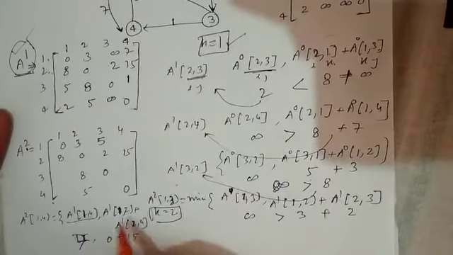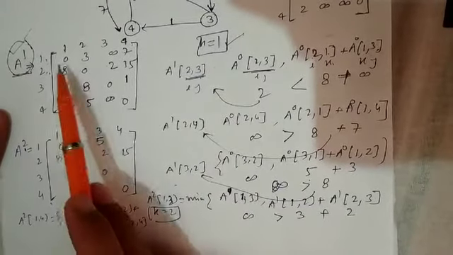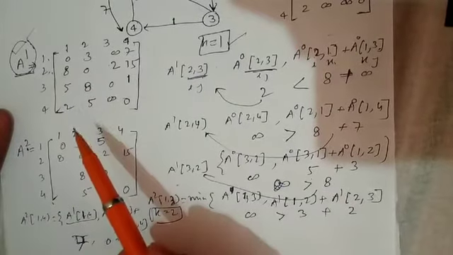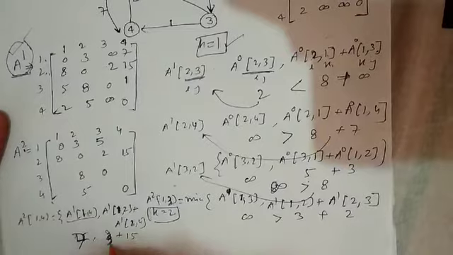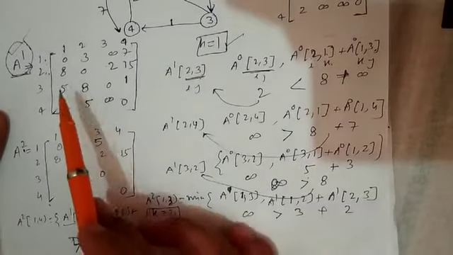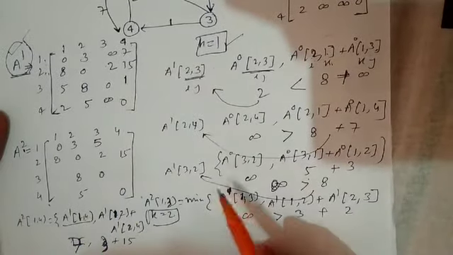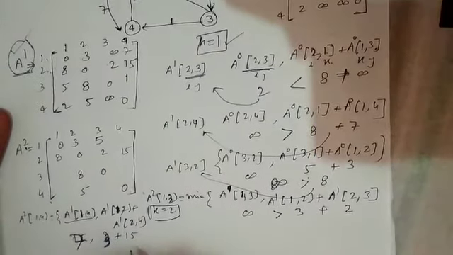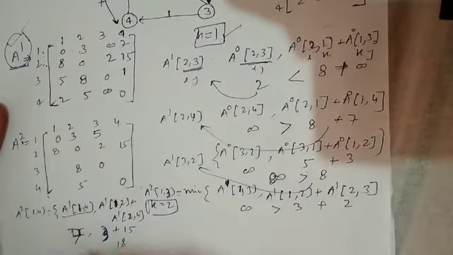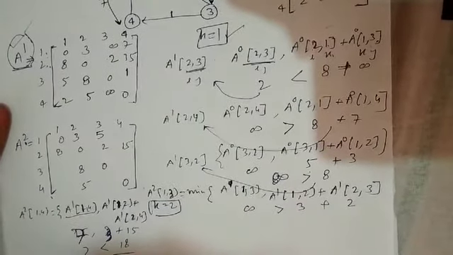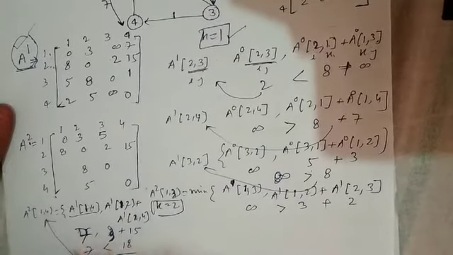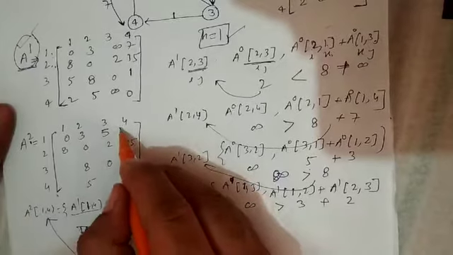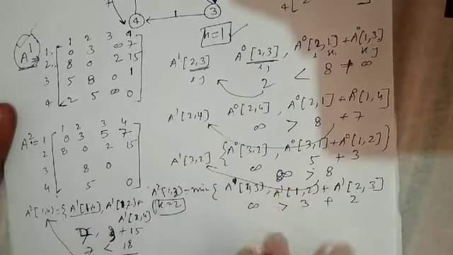Now the previous matrix value of 1 2 is 3. Now the previous matrix value of 2 4 is 15, so 15 plus 3 is 18. Definitely 7 is less than 18, so this 7 will be saved here. So in this place we will have the value 7.